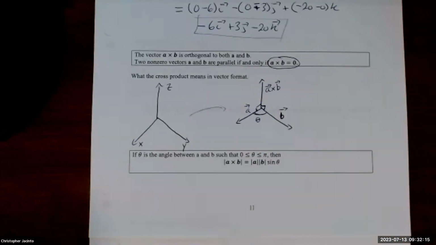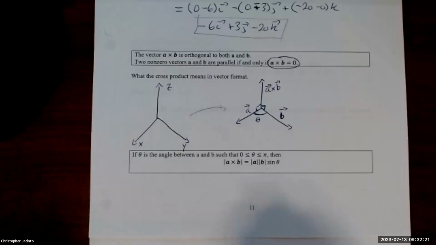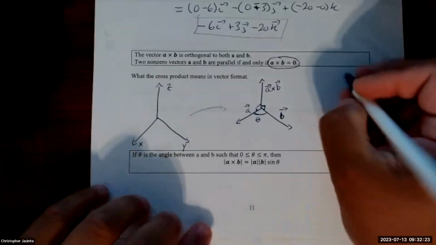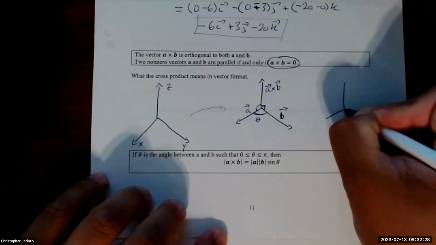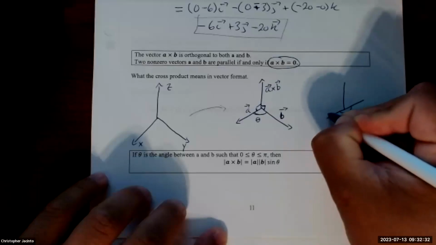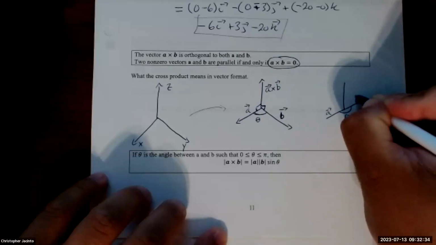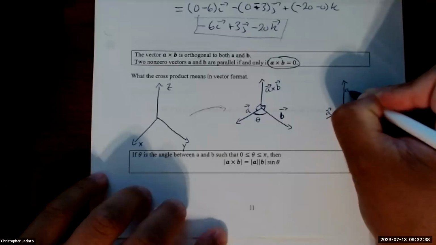You can think of it as kind of a box shape, but this angle theta can move however I want, like a swing. I can make it look like this, almost flat, and this is still perpendicular in both directions.